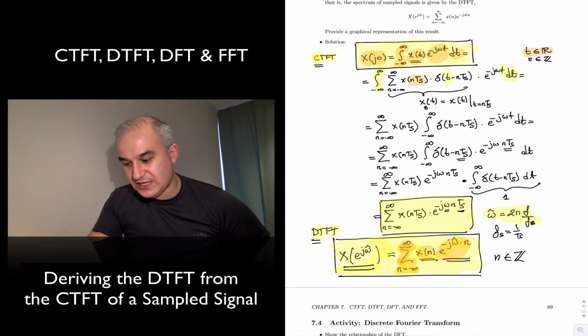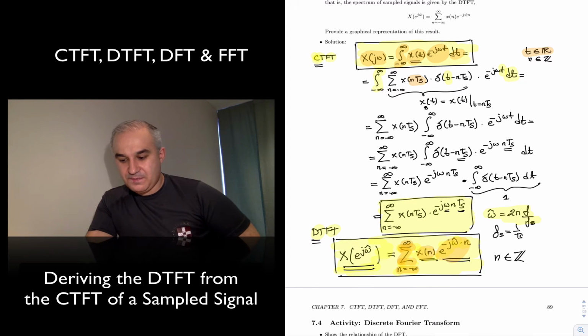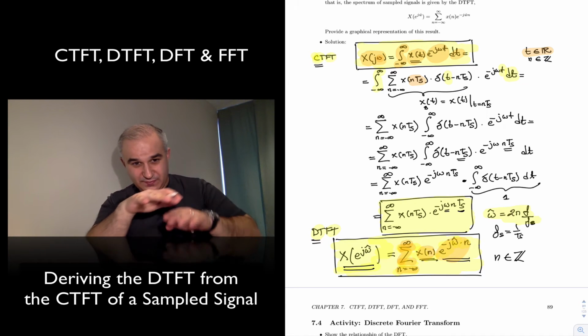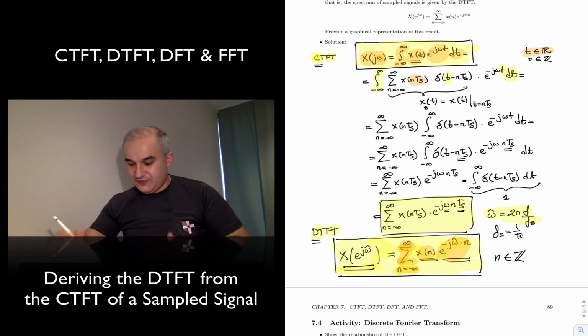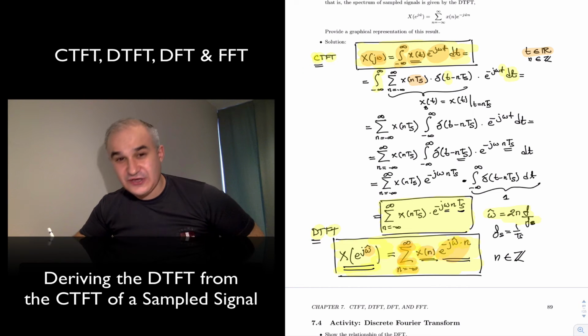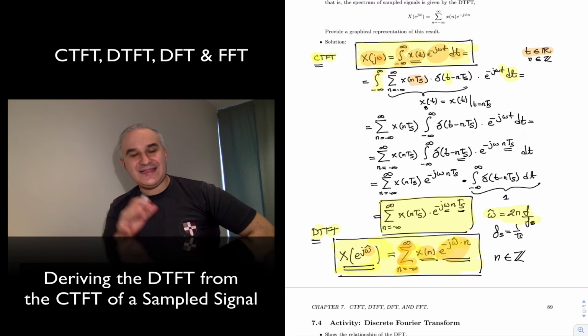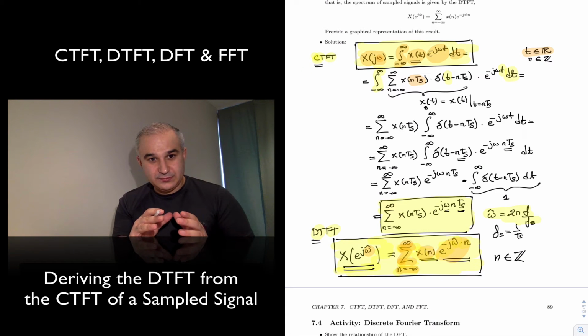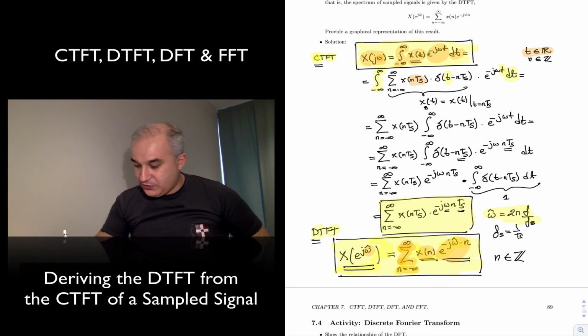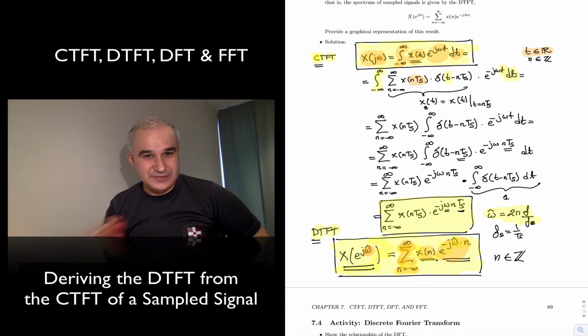That gives you the spectrum as a function of omega, which is a continuous variable. Discrete time Fourier transform gives us the spectrum as a function of the continuous digital frequency omega. Meaning this is something that you get an analytical expression. You can still not store it in a computer, you have an infinite amount of numbers. Right?